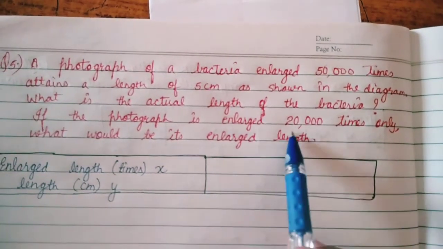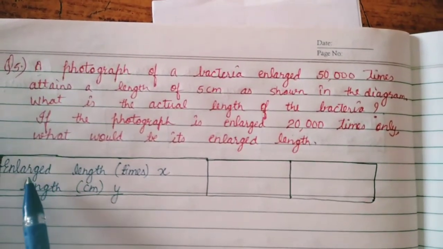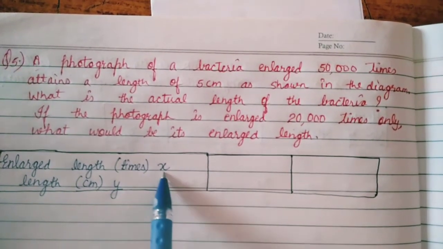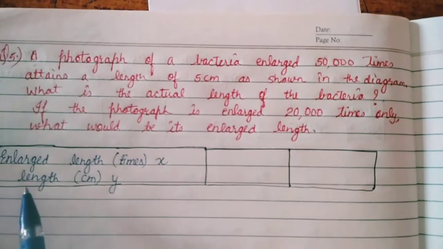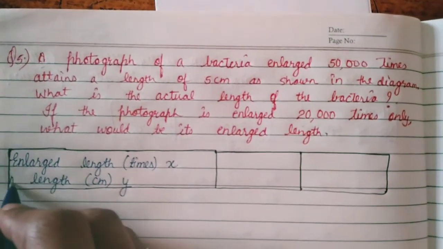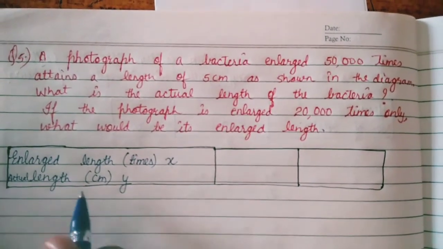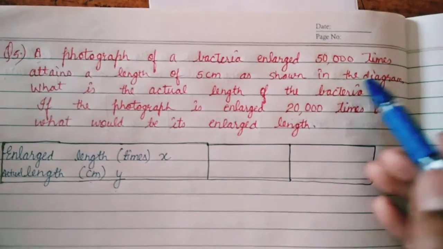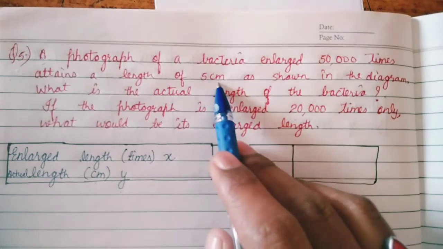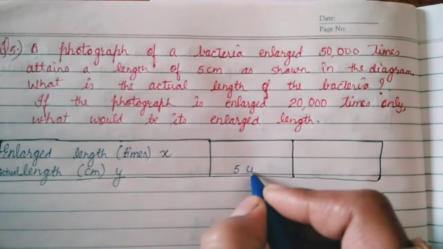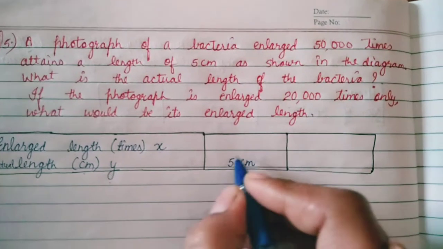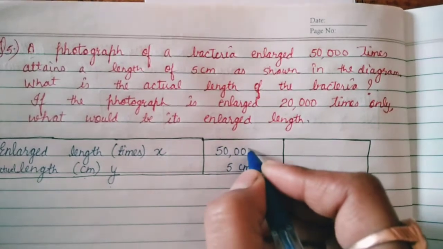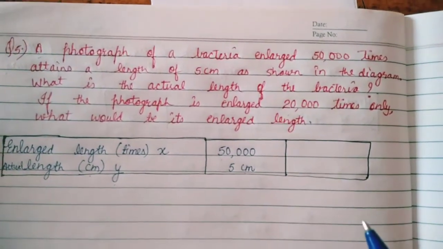For solving this, firstly we draw the table which contains the enlarged length, that is times, shown by x. The second is the actual length, in centimeters, shown by y. In the first case, the length is 5 centimeters, and when we take the photograph of this bacterium, it is enlarged 50,000 times.